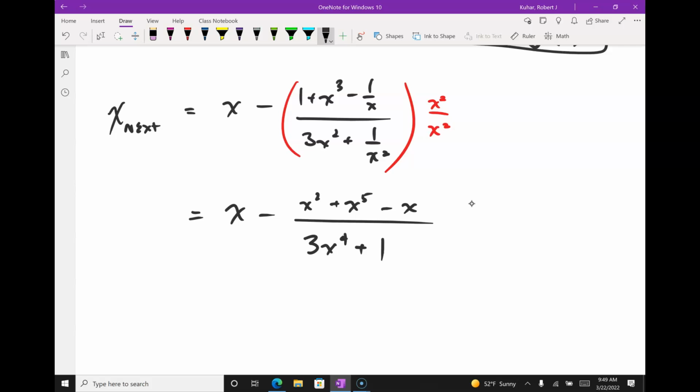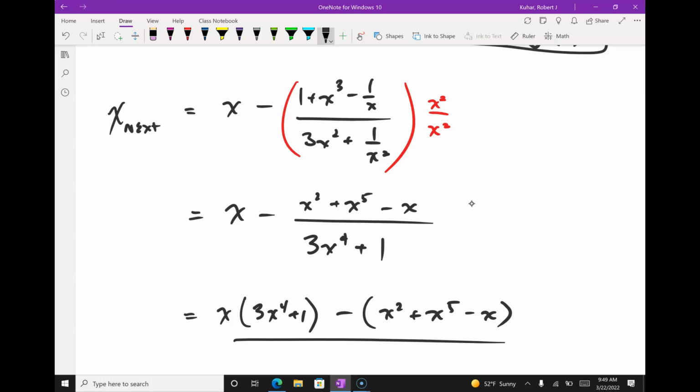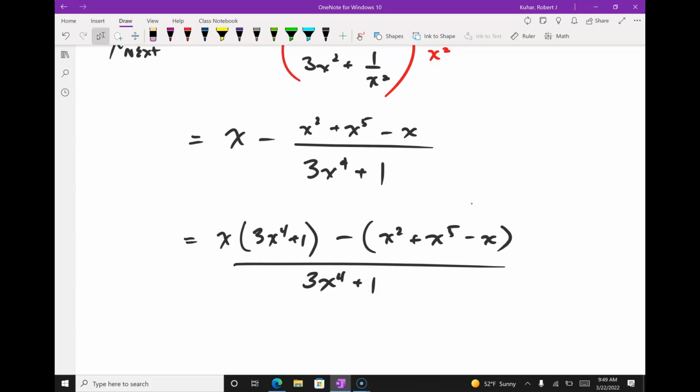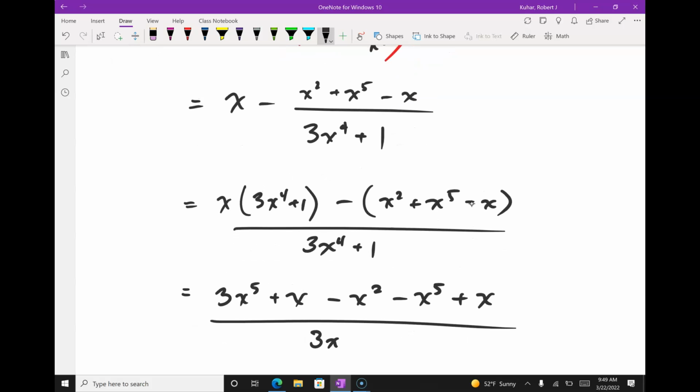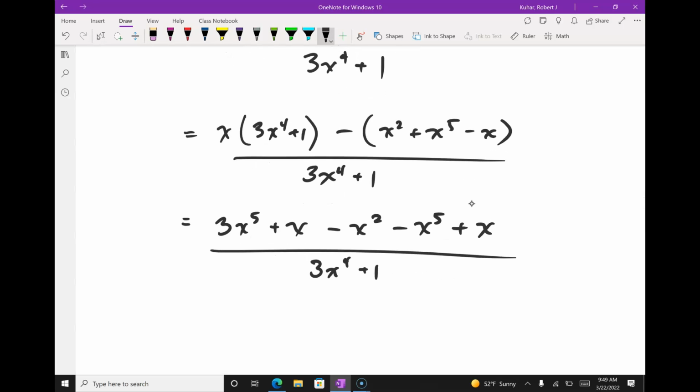Now the LCD, so x times 3x to the fourth plus 1 minus x squared plus x to the fifth minus x, all over 3x to the fourth plus 1. Everybody with me? Now I'm going to distribute and combine like terms, and I get my x next.